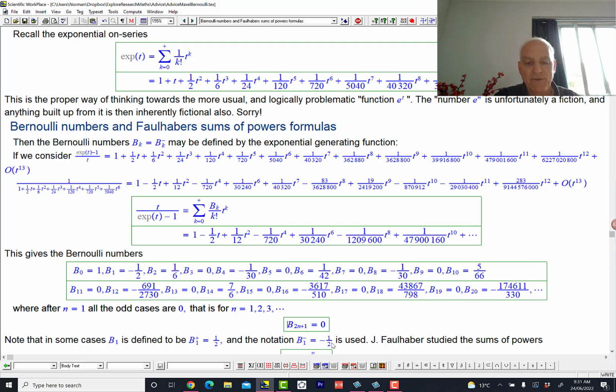There are good reasons for considering both cases, so it depends on the application. Certainly if we start like this, then we get minus a half to be consistent with this formula. But in other cases, as we'll see, this other one also figures. So why are these numbers interesting? Why do they appear in analysis?